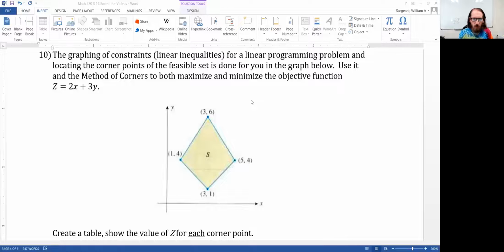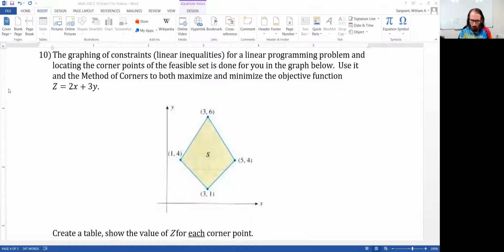The way we're going to do that is to find our corner points and create a table, do the calculation of 2 times the x coordinate plus 3 times the y coordinate to get the value of the objective function, and then do some comparing.